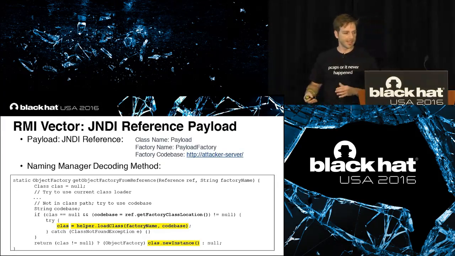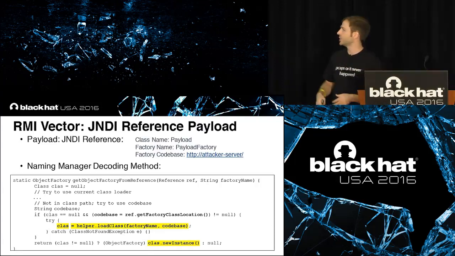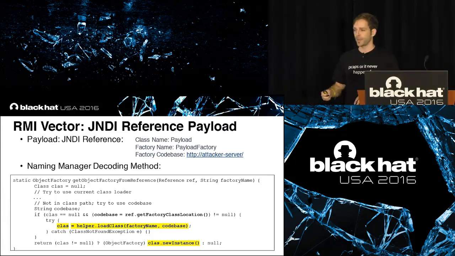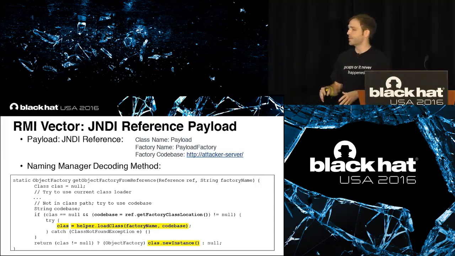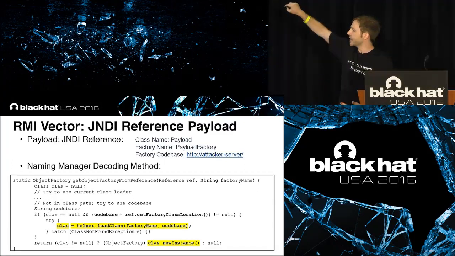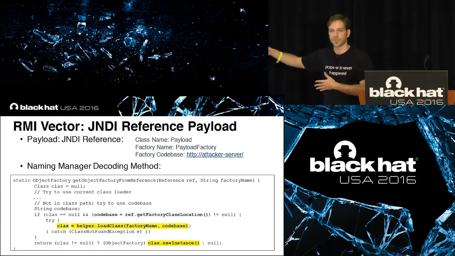So let's see how we can gain remote code execution using the RMI vector. Basically, the attacker needs to set up his RMI registry and then bind a JNDI reference using a remote factory. So he will be setting a JNDI reference with any class name and then a factory name and a factory code base that is nothing else than the location of this factory class.